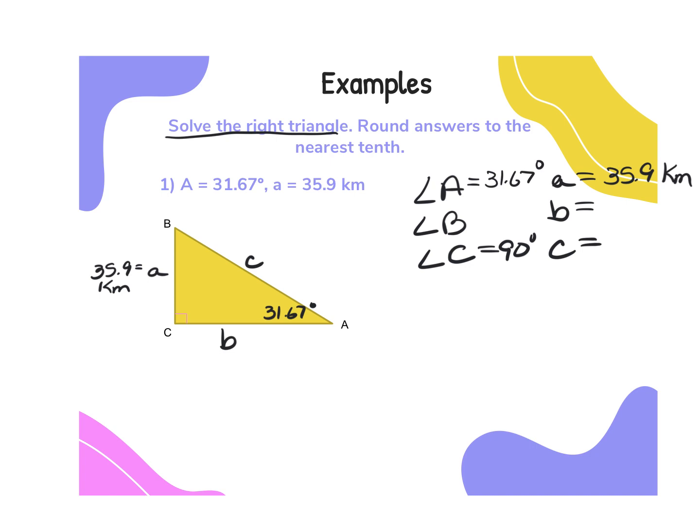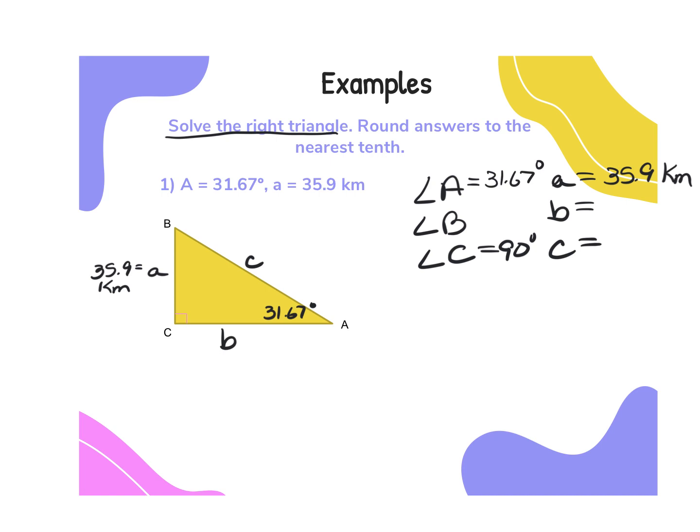Now, when you do the trig, you never use the 90-degree angle. Now, I'm going to use, though, the 90-degree angle to find angle B. You should remember from geometry that the 3 angles of a triangle add up to be 180 degrees. You also should have learned a corollary that told you that the 2 acute angles of the right triangle are complementary.